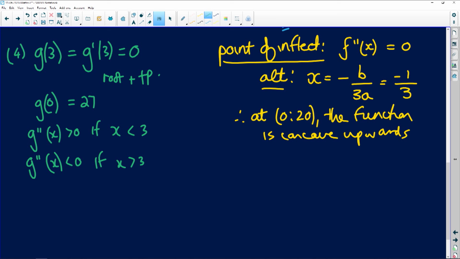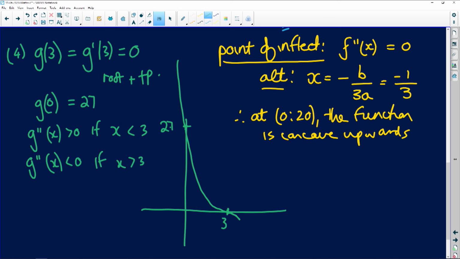So if they ask us to draw this diagram here, we know this is a double root. We know that that's our y-intercept. Our y-intercept is at 27, so the function is going to come down. It's concave up. It goes through the point 3 and then continues concave downwards, and that's the function.